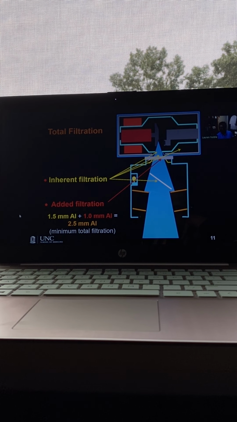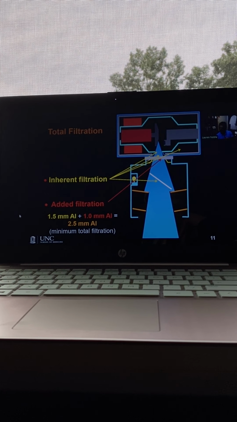Does that make sense? Those thicknesses will vary from manufacturer to manufacturer. You could have one manufacturer where the glass window was a little thicker, but maybe they had a little less oil in the tube. But the bottom line is those four components together have to filter out what 1.5 millimeters worth of aluminum would filter out.